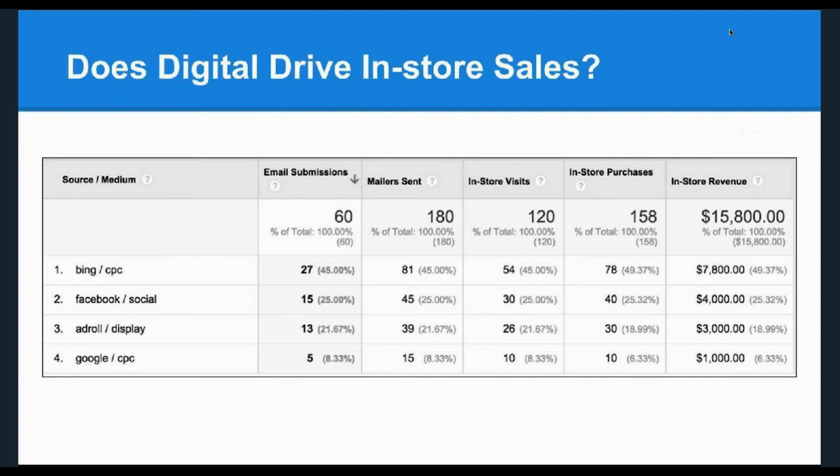And then once a user submits an email and they enter it into our CRM, we're able to see if they get mailers, then if they actually visit the store. And when they visit the store, at the stage of checkout, they complete the purchase inside the store and give us maybe their email address so we can send them a copy of their receipt. Then we also send data into Google Analytics so we can tie in-store purchases and in-store revenue to the original source medium that we have inside Google Analytics.